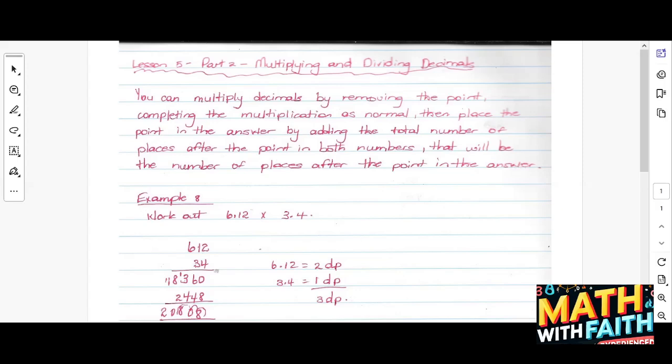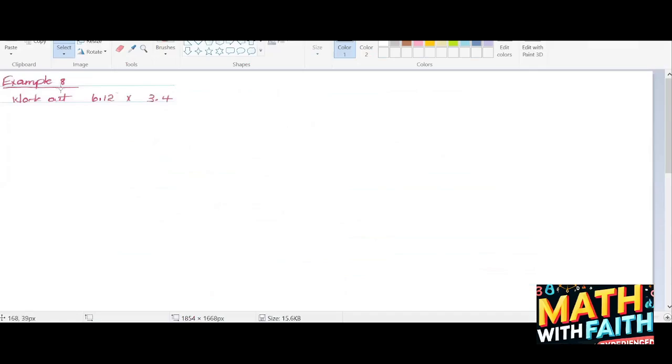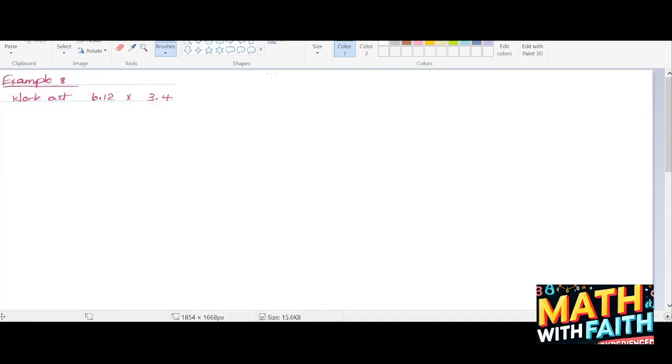So let's look at example 8. Now, example 8 asks us to work out 6.12 multiplied by 3.4. If we didn't have a decimal here, this question would read 612 multiplied by 34, right?